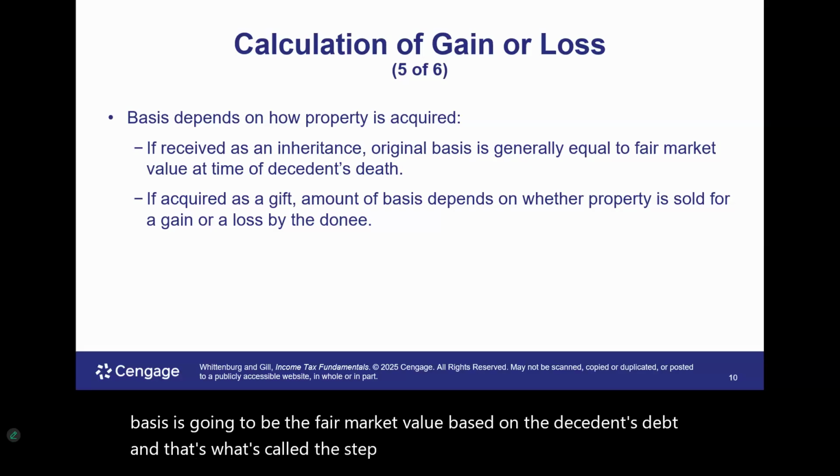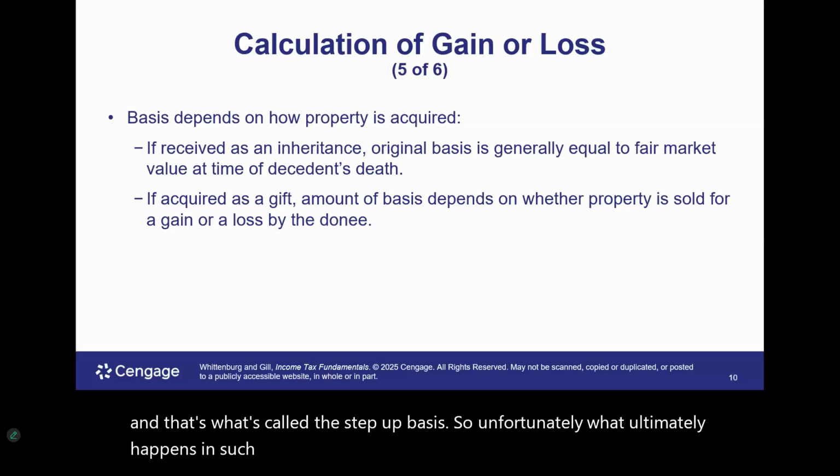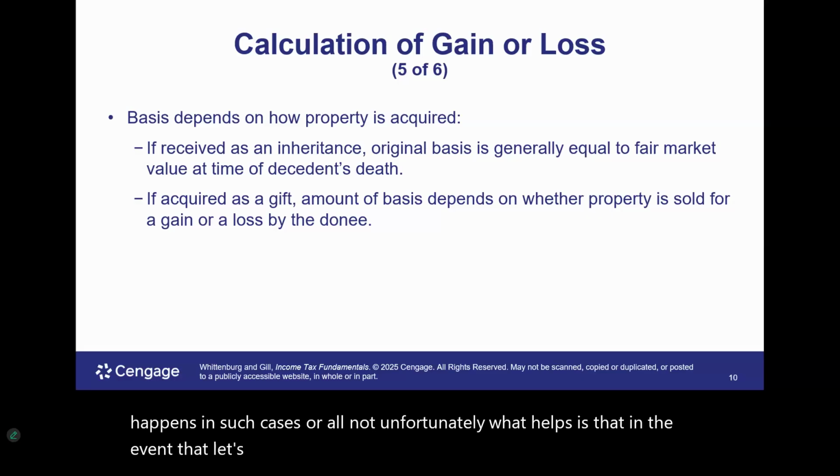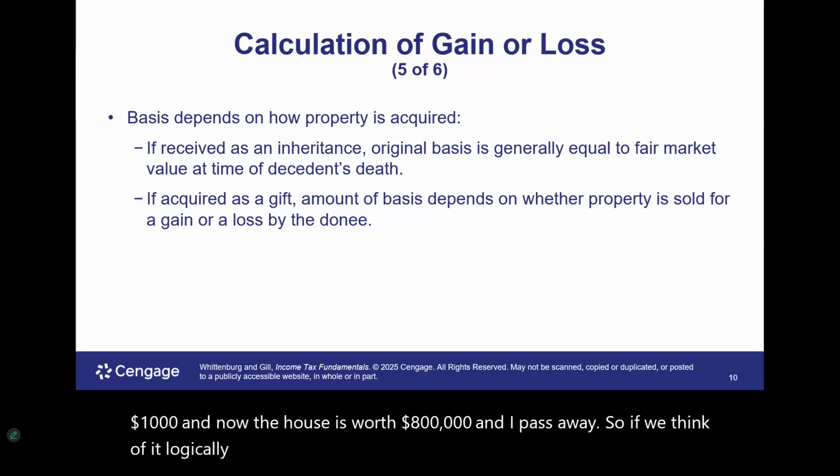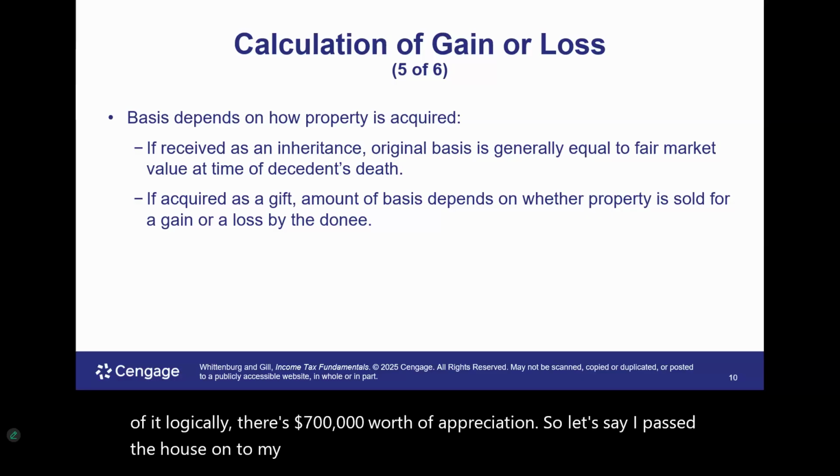So what helps is that in the event that, let's say, I purchased a house for $100,000 and now the house is worth $800,000 and I pass away. If we think of it logically, there's $700,000 worth of appreciation. So let's say I pass the house on to my son as a gift, and he didn't inherit it.